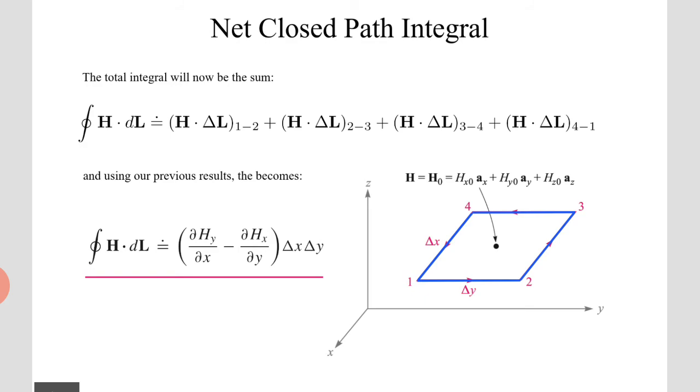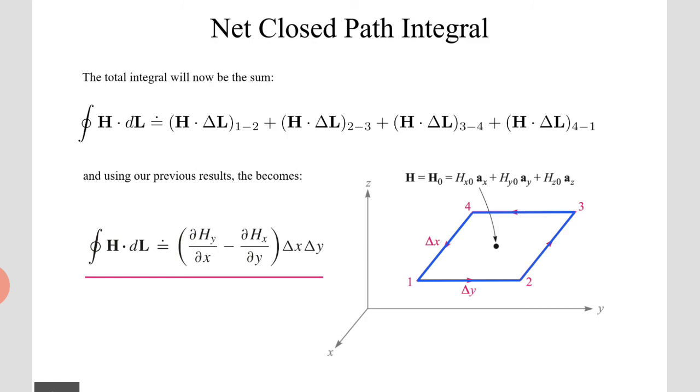Using our previous results, if we combine all these, the equation becomes the integral over the closed path of H dot dl equal to [partial Hy by partial x minus partial Hx by partial y] into delta x delta y.